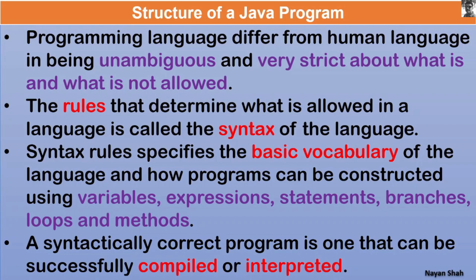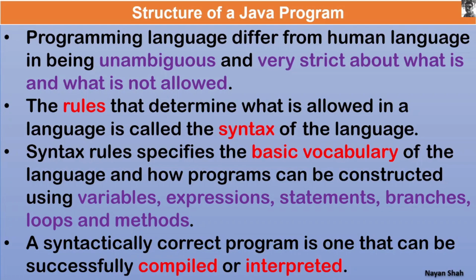In human language, sometimes we use ambiguous words, or what we say has different meanings at different points of time, or sometimes we want to say something different but we use different words. But in a programming language it is not allowed. It is very strict about what is and what is not allowed.